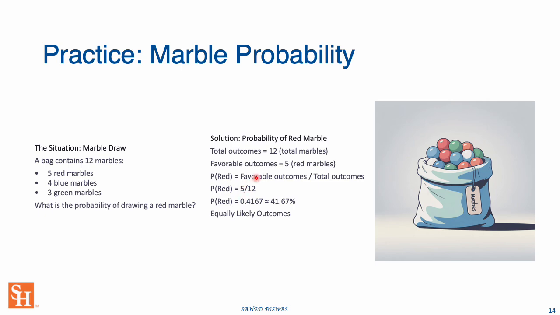The total number of marbles was 12, and that gives us the probability, which is 0.4167, and if we round this number, it is 41.6%. That means if you randomly draw a ball from the 12 marbles, then the probability that you will pick a red marble is 41.6%.